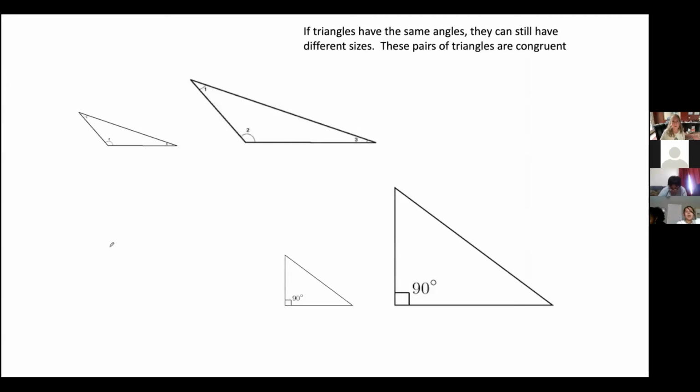Oh, all right. So if triangles have the same angles, they can still be different sizes, big or small. These pairs of triangles are similar, but they will have different lengths, but the same angles, which means we can compare them.